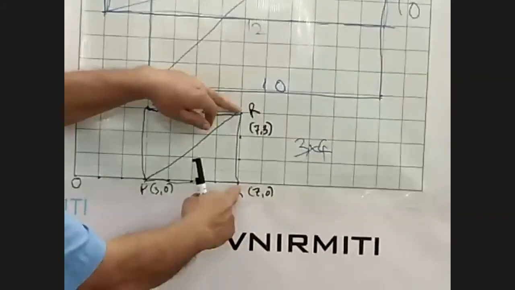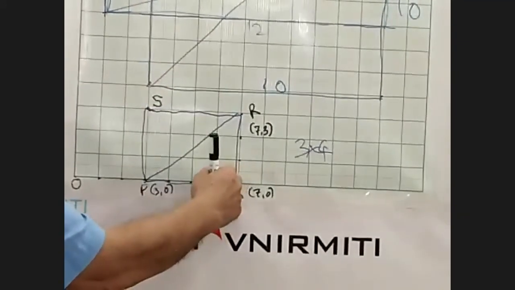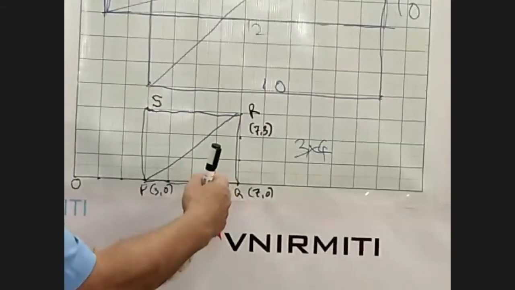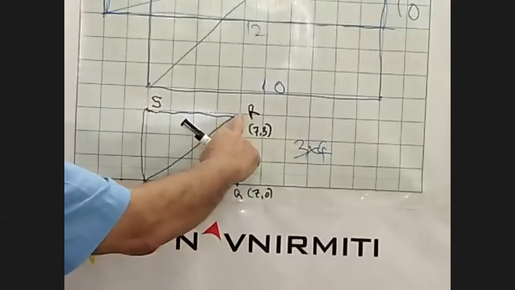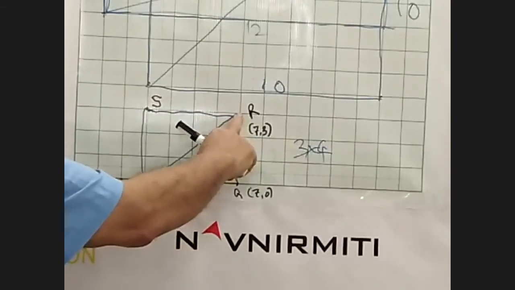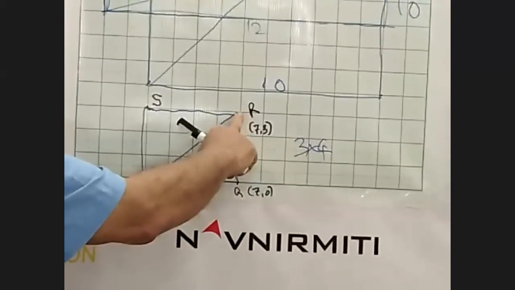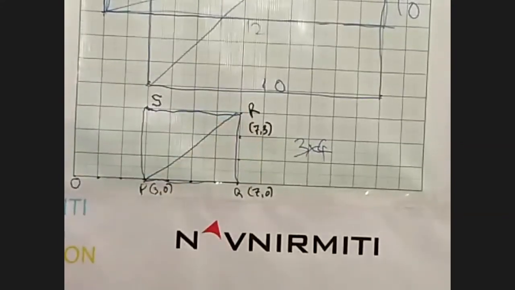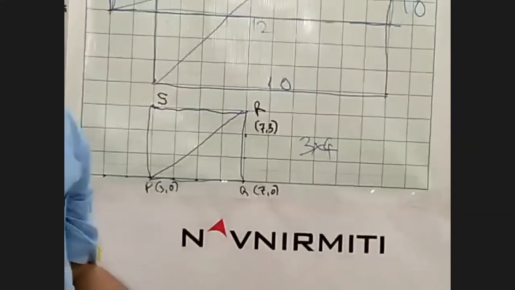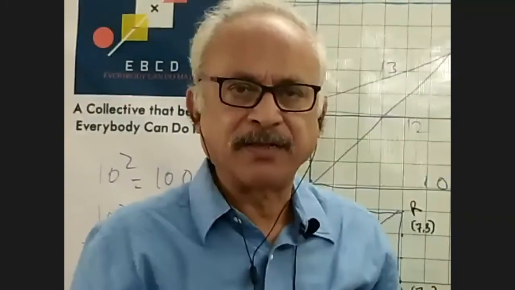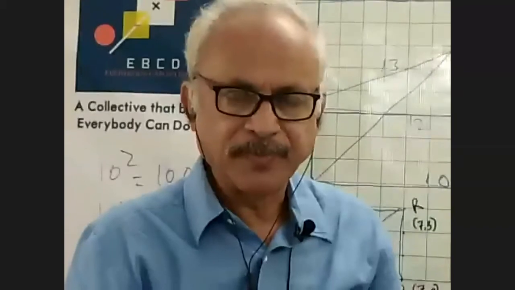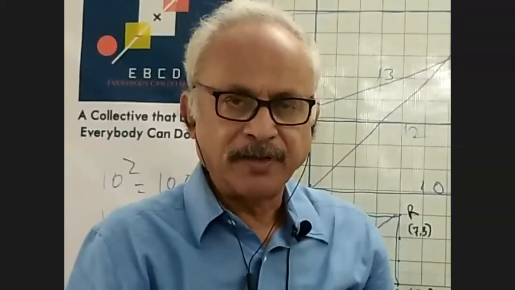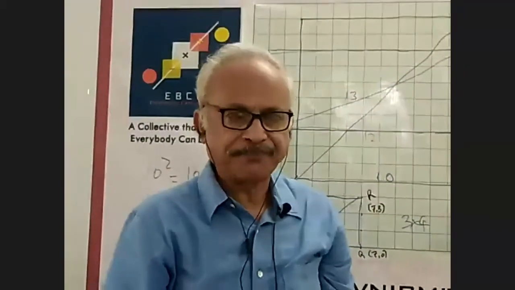I add the two, 16 plus 9, I get 25. I take the length of the diagonal, which is 5, and 25 is just the square of 5. No matter what rectangle you draw on your graph paper, this rule will always work.